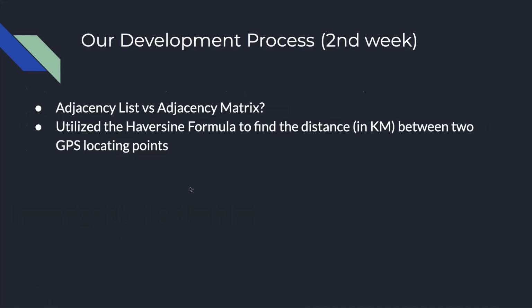Now it's the second week of our development process. After we had processed our data, it was time for us to make the most important decision: what graph representation to choose. Since we planned to implement Dijkstra's algorithm, which requires efficient retrieval of incident edges, and betweenness centrality, which relied exclusively on Dijkstra's algorithm, we knew adjacency list was the best option for us.